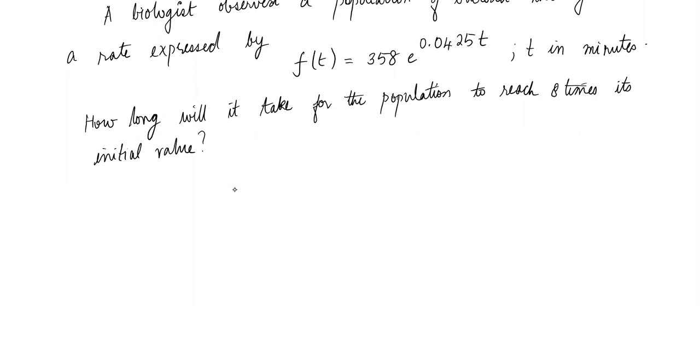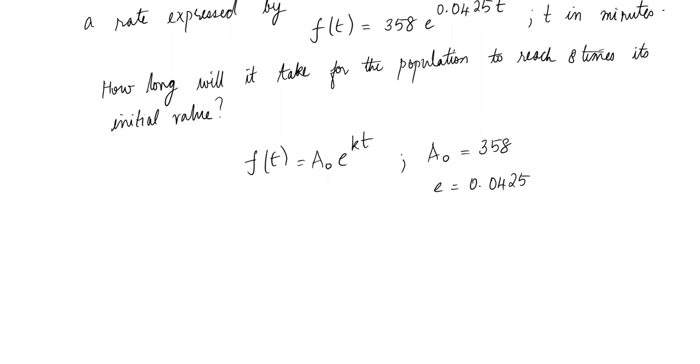So recall that we first write this in the general form. So A naught e power kt. And so you can see that A naught is 358. That's what we wanted to see explicitly. And of course, k is 0.0425.